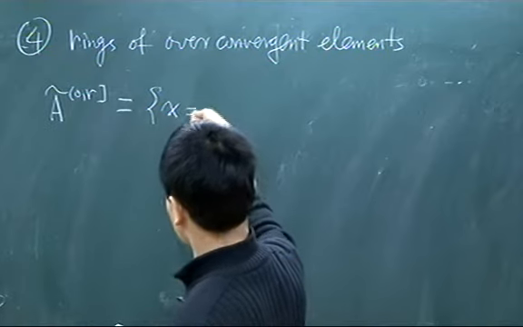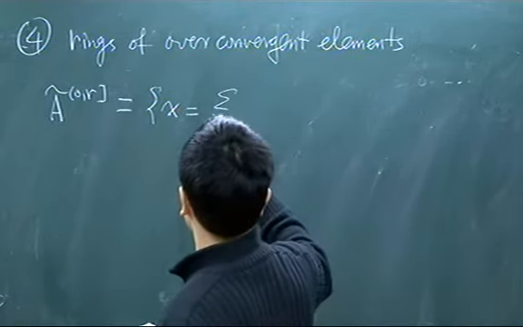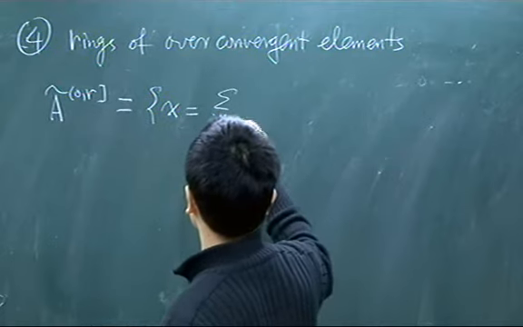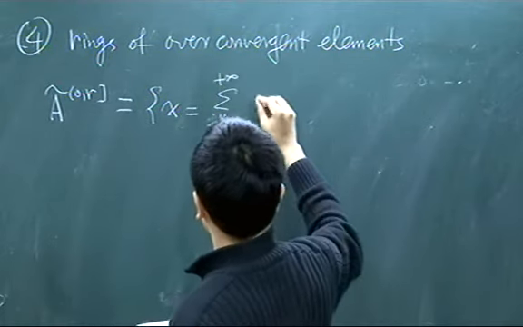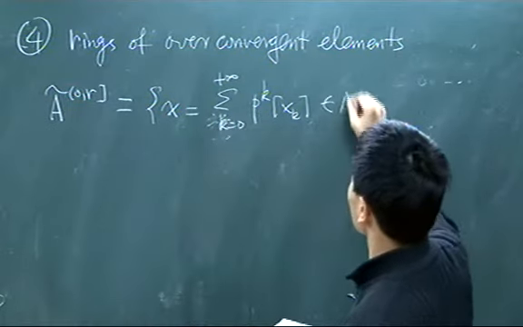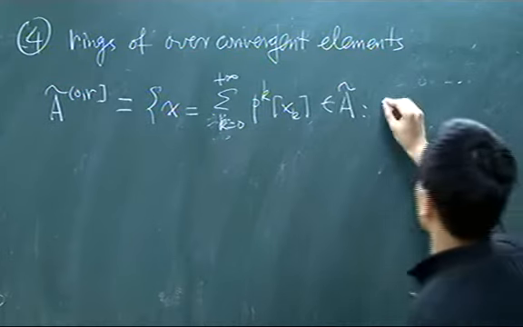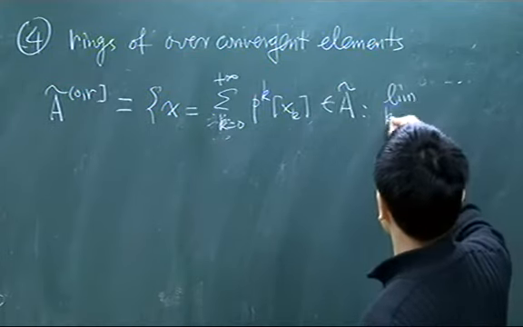I don't need maybe R1, R2, but I just say this. So you can write X as the sum of p to the k, X to k, so it's in a tilde.